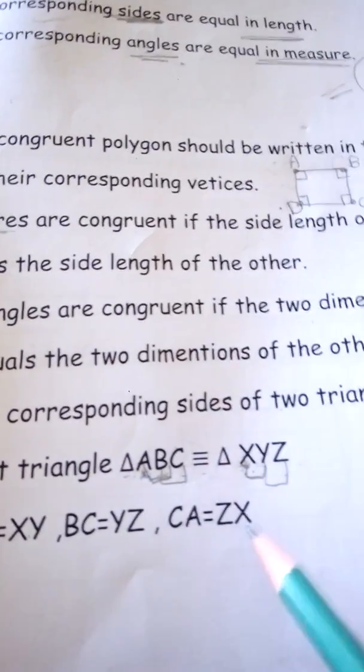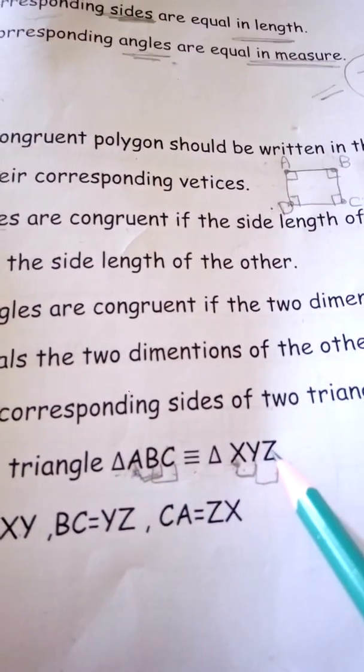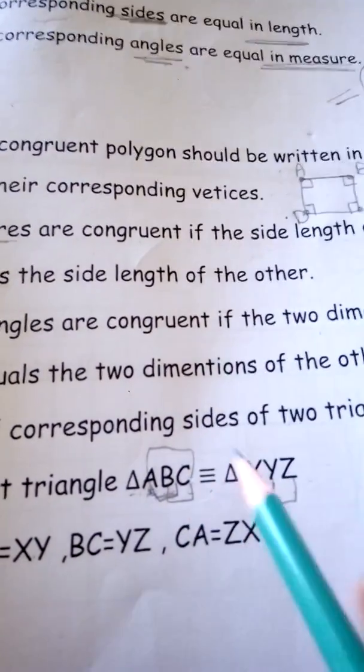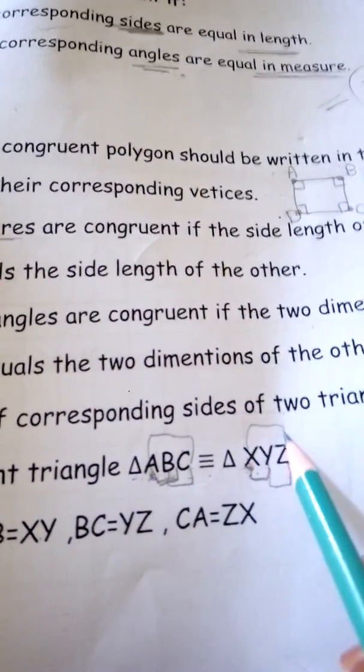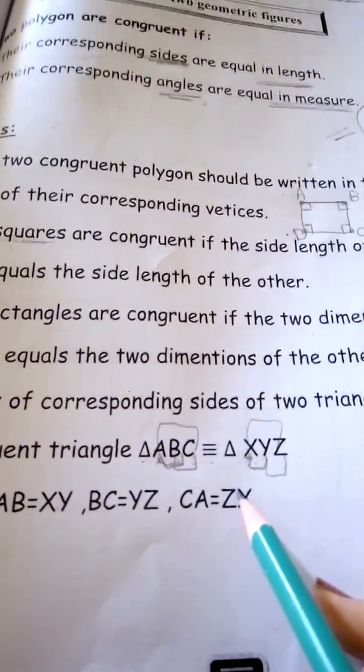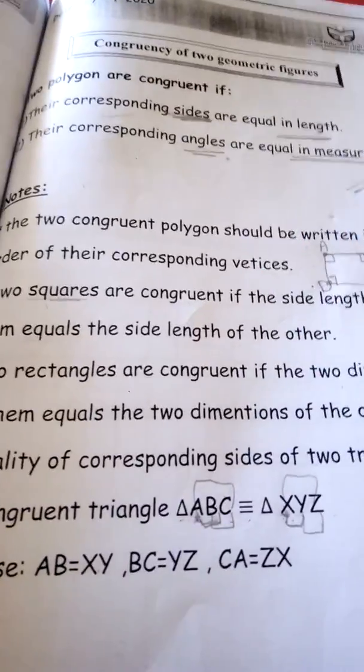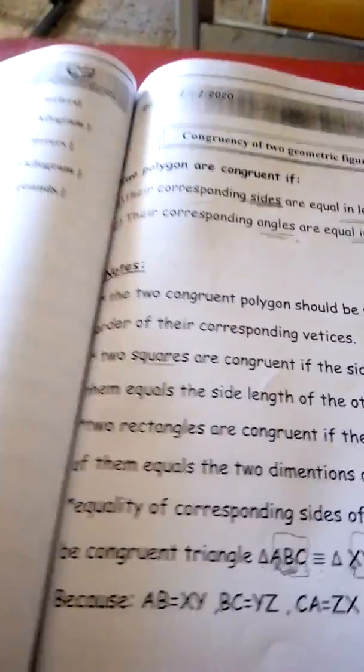The second and third يبقى لازم هنا second and third. طب first and third, AC equals XZ. تمام كده عرفنا يعني ايه corresponding sides are equal in length and corresponding angles are equal in measure.